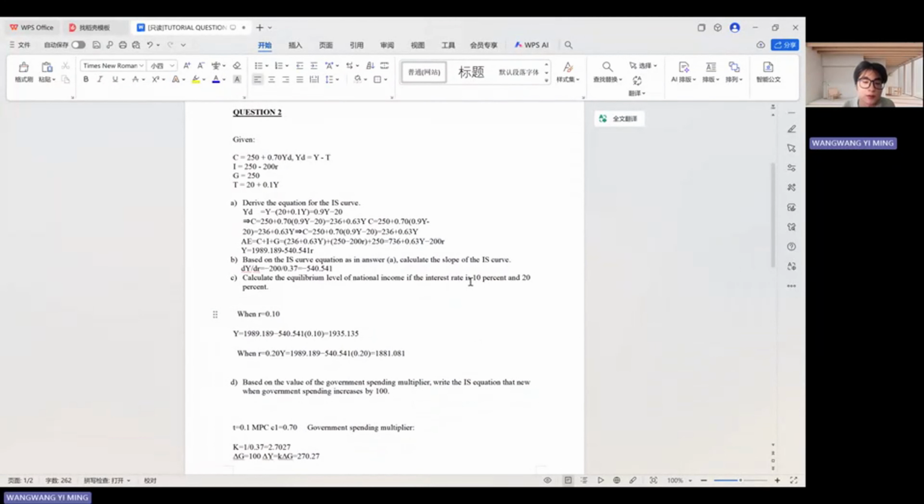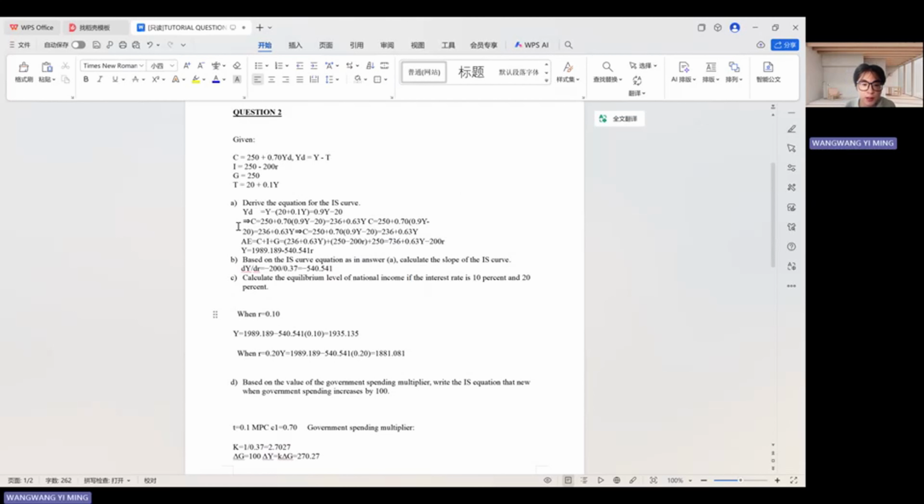Okay, I will discuss question 2. Question 2 gives C equals 250 plus 0.7 YD, and YD equals Y minus T, with given I and G. For question A, we can write YD equals Y minus 20 minus 0.1Y, and so we can get C equals 236 plus 0.63Y.